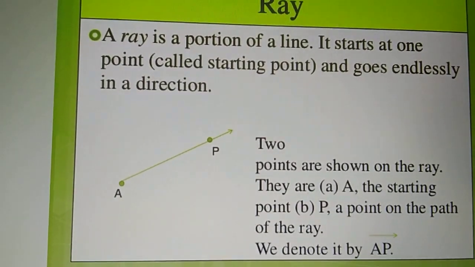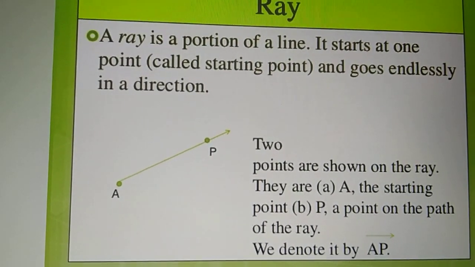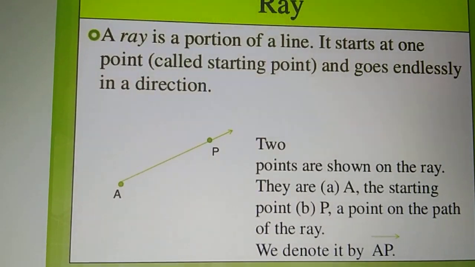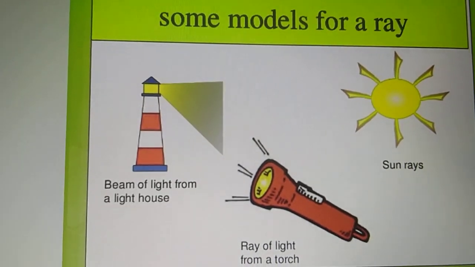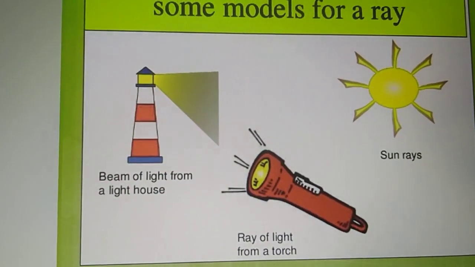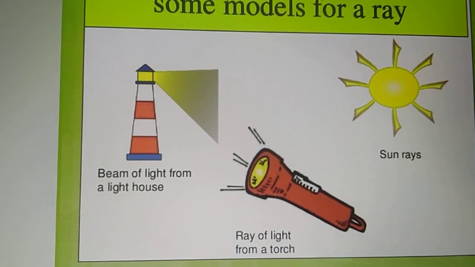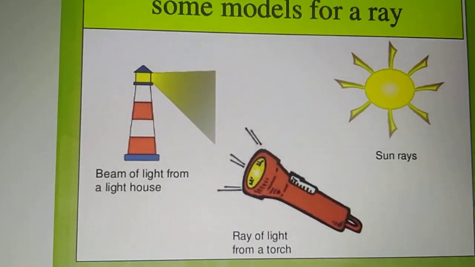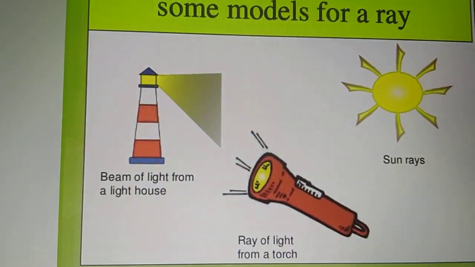We denote it by AP, and above that we put the sign of a ray. The ray has a starting point, but there is no end point. You can see some examples of ray: the sun's rays, the ray of light from a torch, the beam of light from a lighthouse. All these are examples of rays, as they have a starting point but go endlessly.